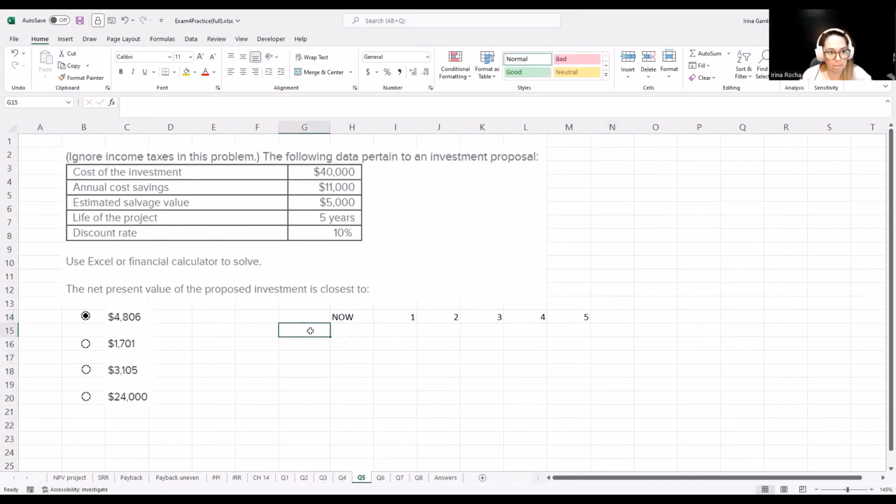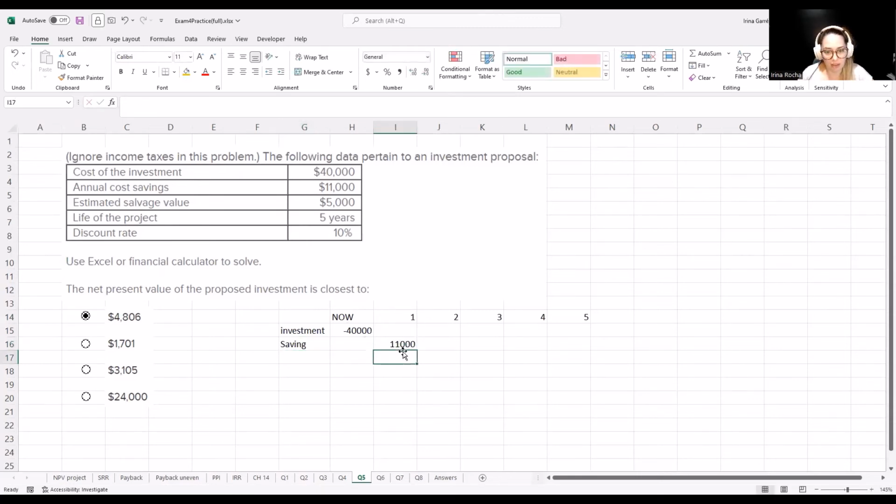And my investment: I'm spending $40,000 now. It's a negative because it's money outflow. It's leaving my pocket. And by doing this investment, I am going to get savings. And savings, we can consider that as an inflow, right?